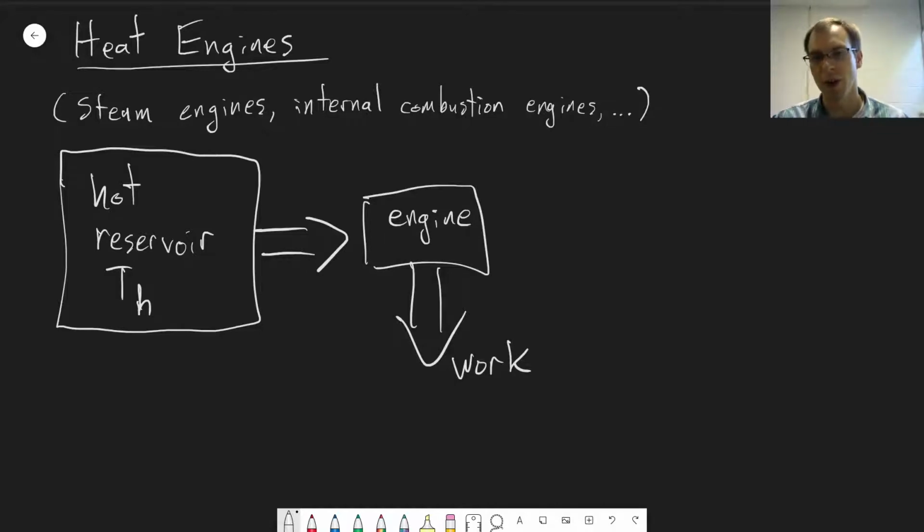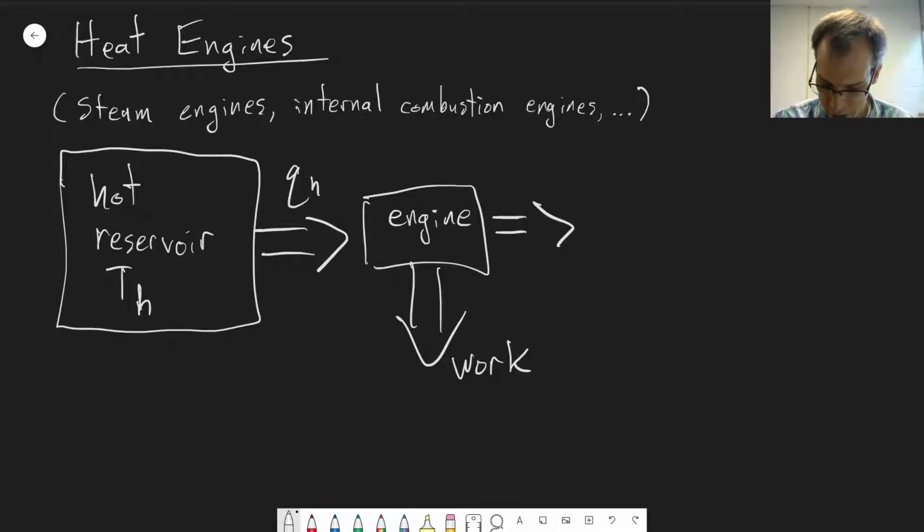but we can't convert all of the heat into work. That would violate the second law of thermodynamics because that would overall be a negative entropy process. So some of the heat that's input into the system has to leave the system.